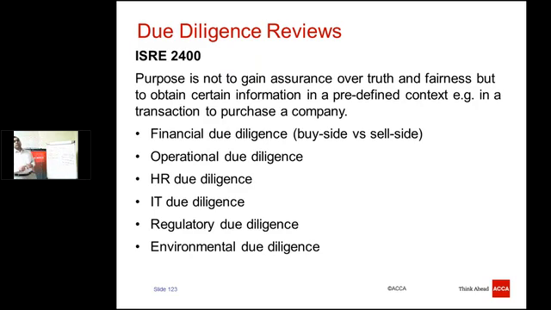Now, what are the two primary procedures that are performed in reviews? There are two. Inquiry, combined with analytics. Inquiry and analytics. These are the two basic procedures or the weapons that the auditor has.